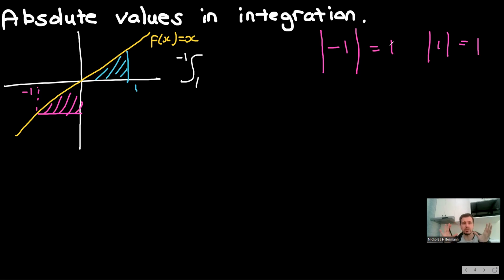That's why it's so important in integration, because area cannot be negative. So you always want your absolute value. If I put the absolute value in, it says, well, I don't care. I could go from 1 to -1 or -1 to 1. It wouldn't matter.